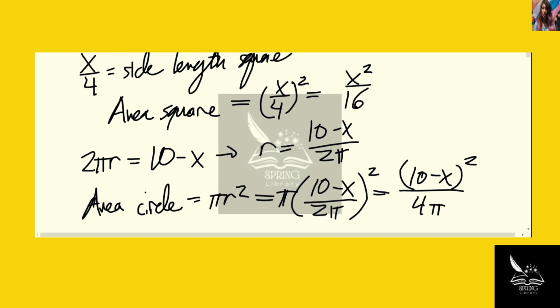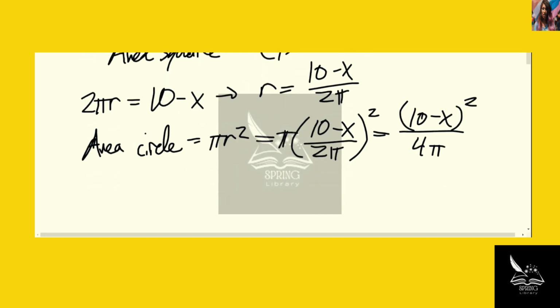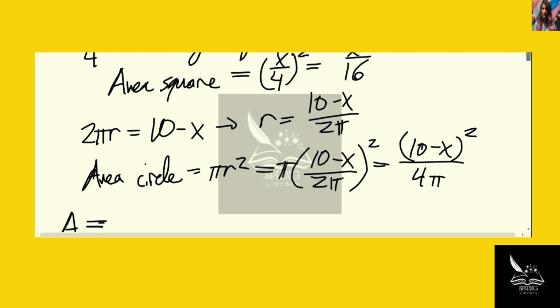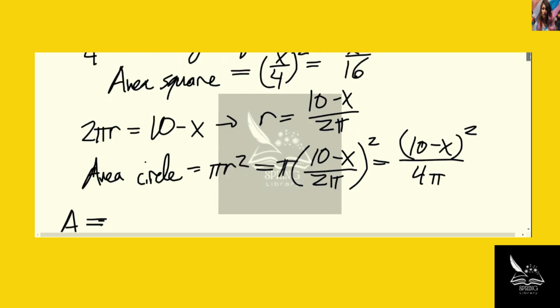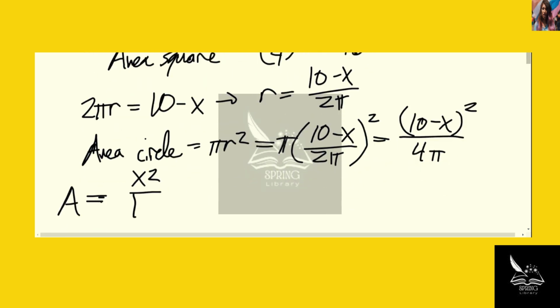Now the total area of our figure, which I'll call A, is the area of the circle plus the area of the square. So again, the total area is x squared over 16 plus (10 minus x) squared over 4 pi.